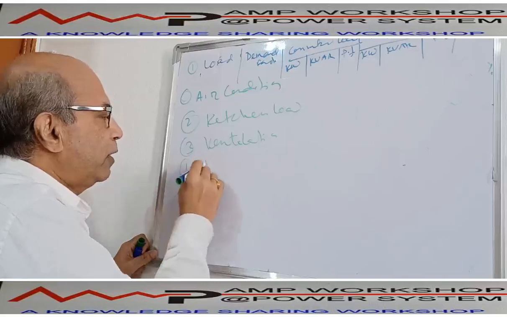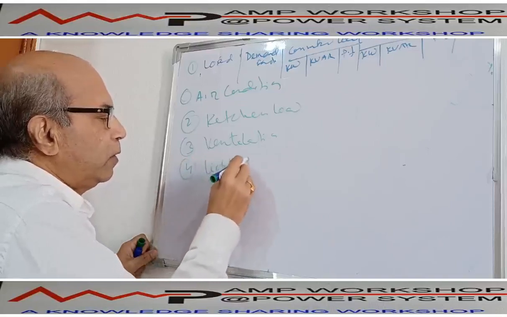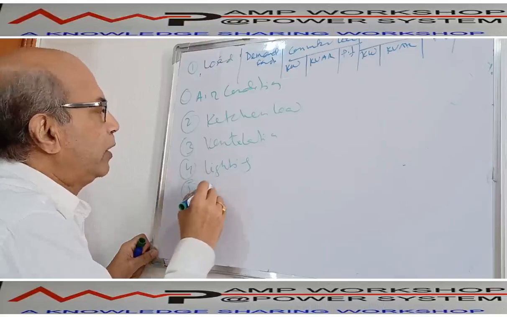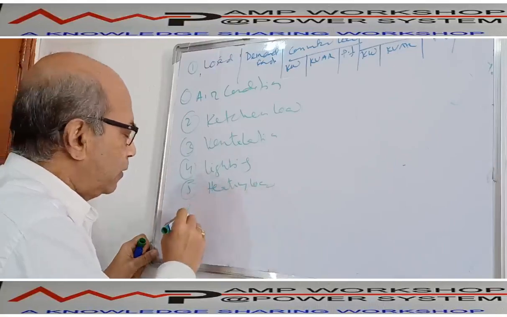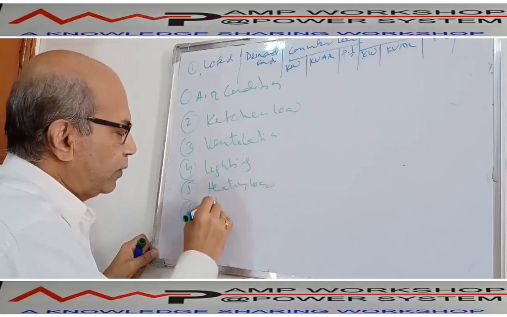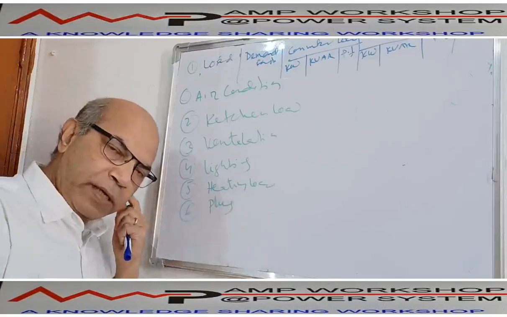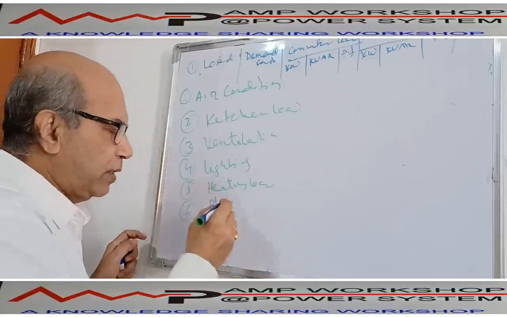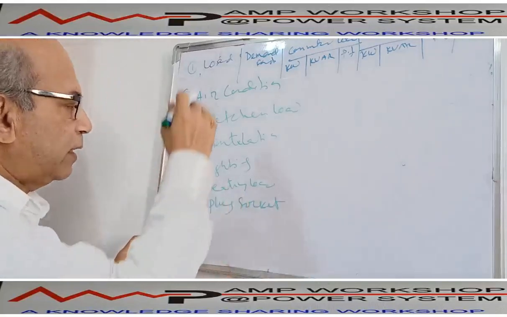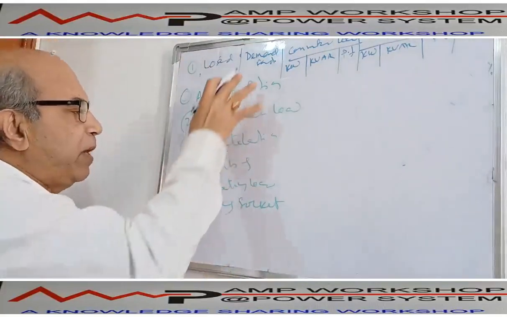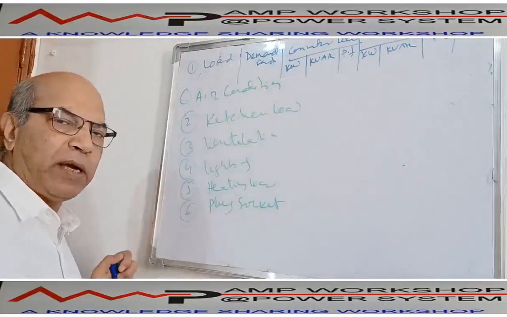The fourth load is your lighting load. The fifth load is your heating load. The sixth load is your plug sockets, where the TV, music system, all these things are connected, and a vacuum cleaner is connected intermittently. These are the six typical types of loads mainly found in a residential apartment.